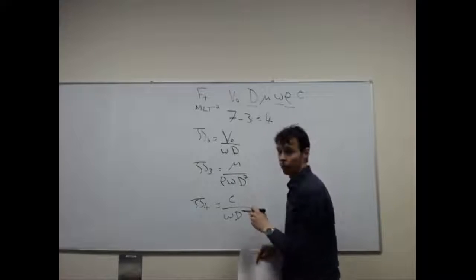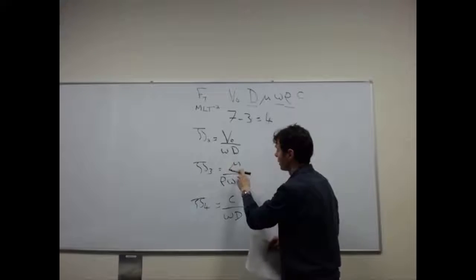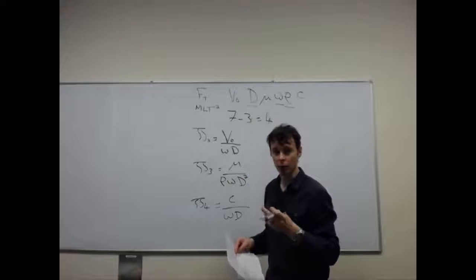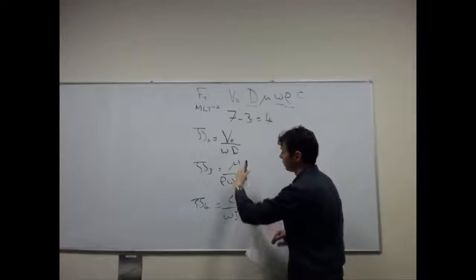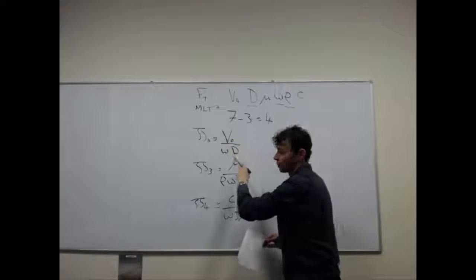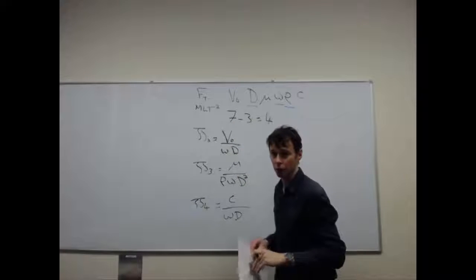So what we can do is invert groups, because the dimensions of the numerator and the denominator are the same. We can also multiply or divide groups with other dimensionless groups.